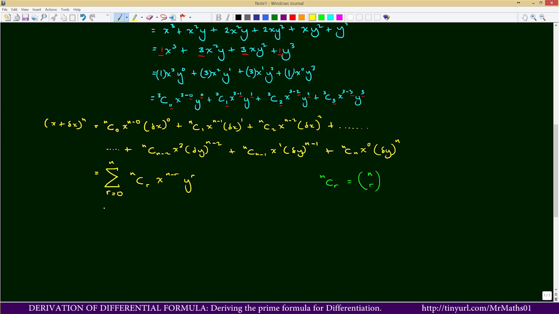So I can also rewrite that summation like this: from r equal to 0 to r equal to n, n choose r times x to the power of n minus r, y to the power of r.